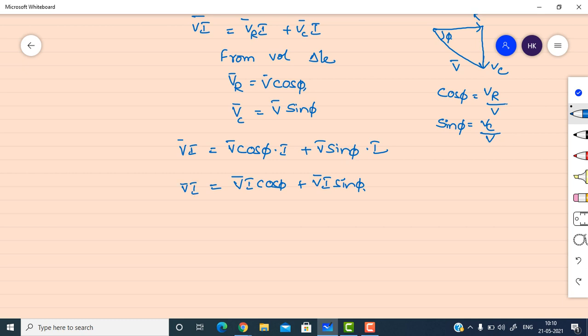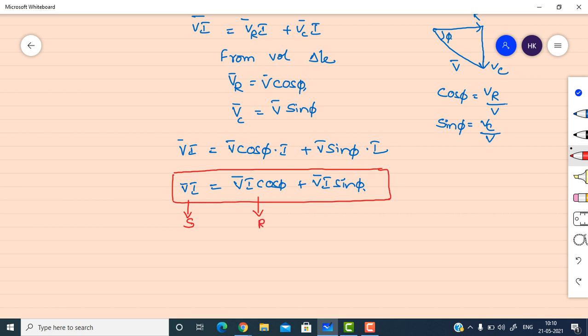Apparent power or true power or reactive power? VI, the product of voltage and current, is nothing but apparent power. VI cos phi, product of voltage and current multiplied by cosine of the angle between voltage and current, is nothing but real power or true power. It is denoted with P. And this VI sin phi is reactive power, Q.